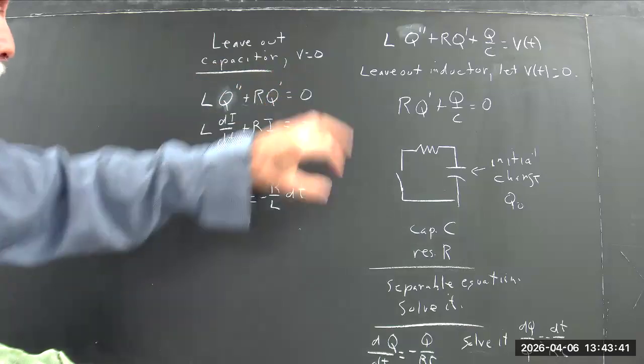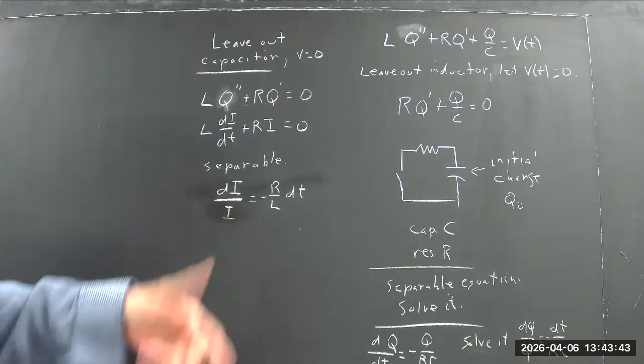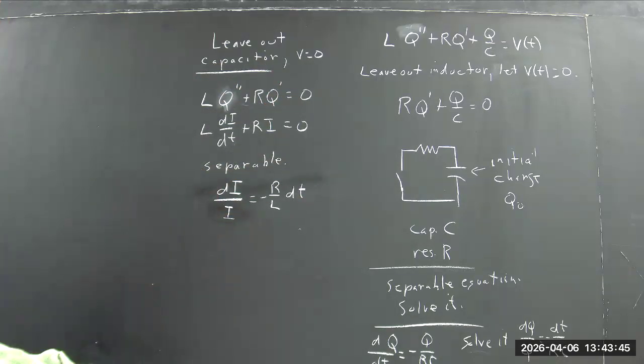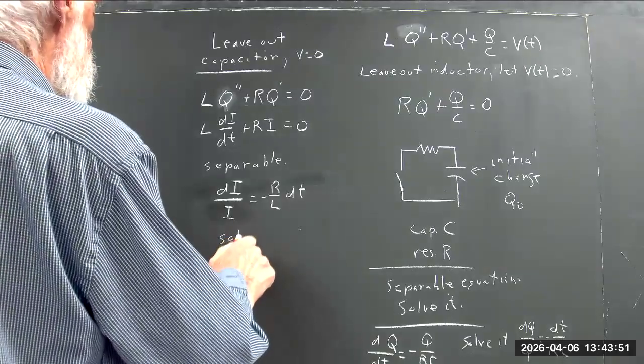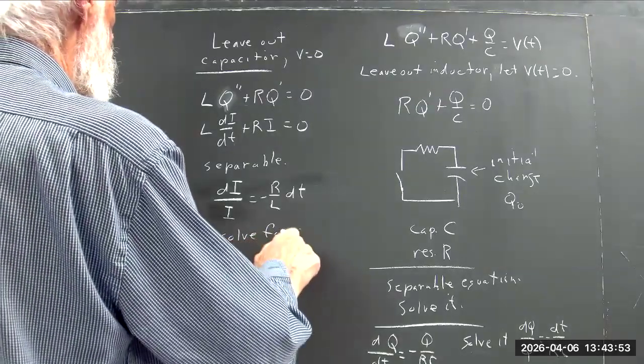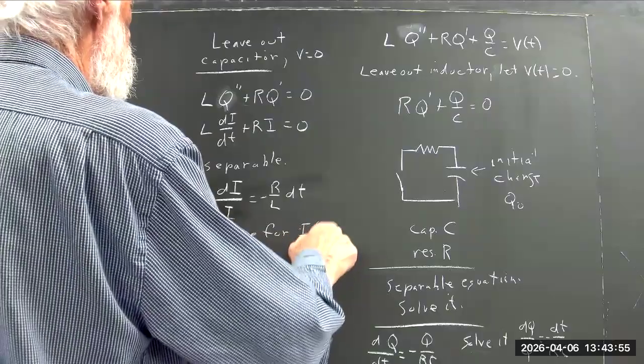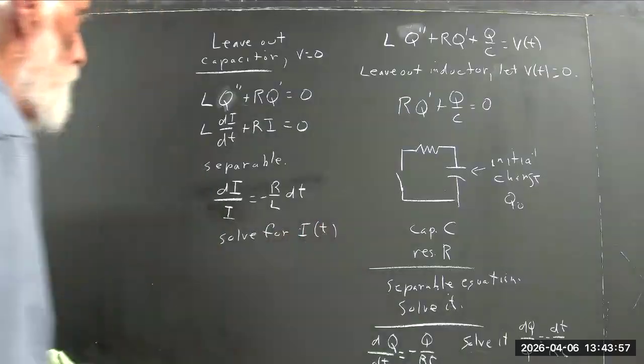You get a negative r over here, divide both sides by L. There it is. You solve it.